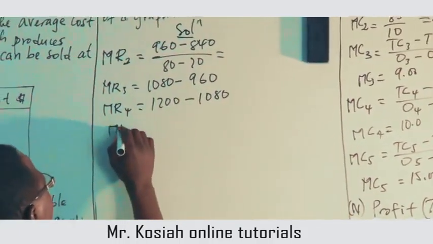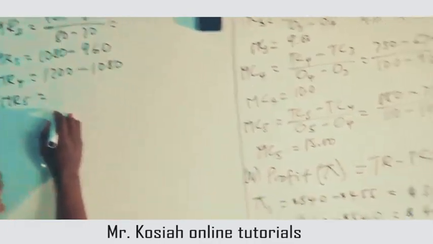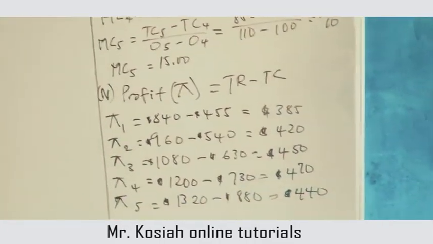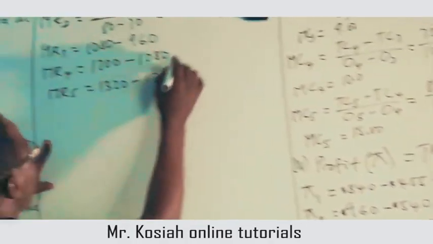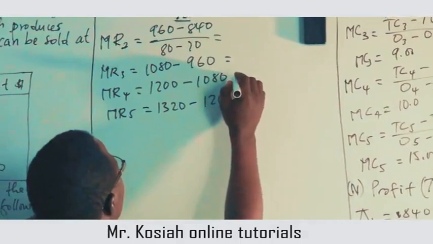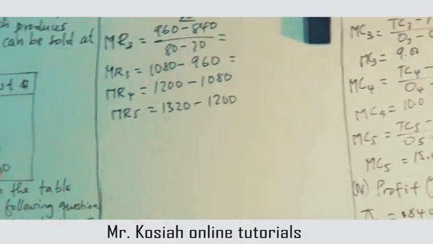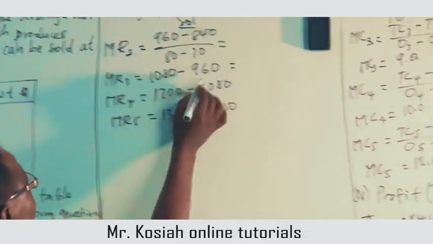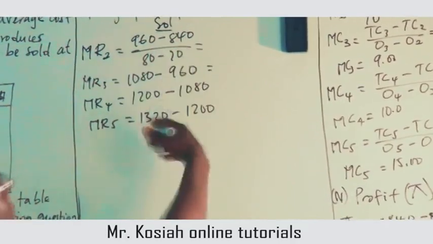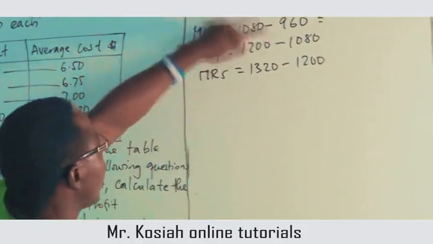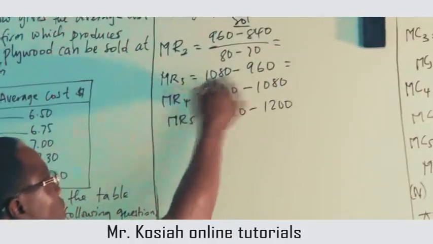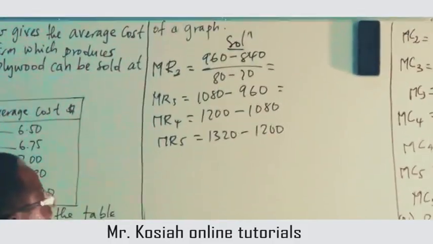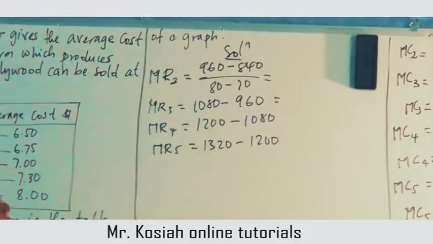Marginal revenue 5, this is 1320 minus 1200. Of course, do not forget all of these are expressed all over the output, because we are finding the different values expressed all over the output. Of course, we know the output changes here are constant, since the various marginal costs are constant at 10. We are going to definitely divide everything by 10.